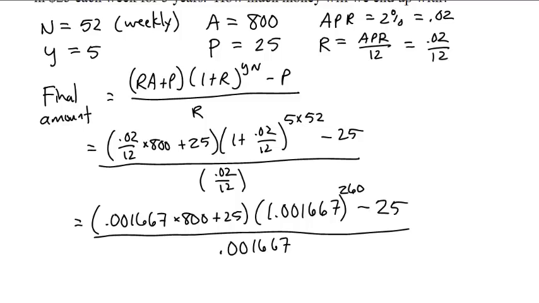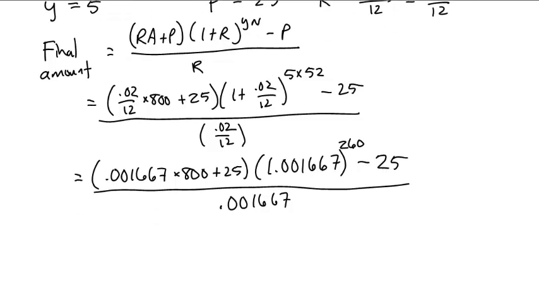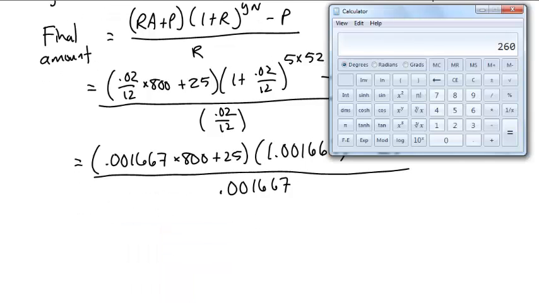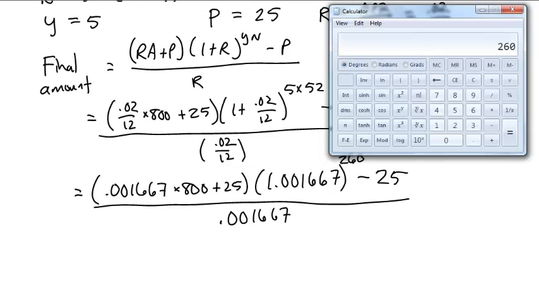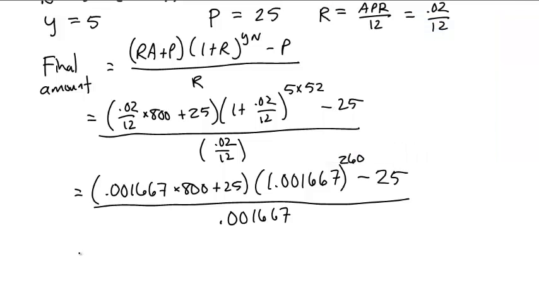Excellent. Now, I figured out the first part. We have 0.001667 times 800. We have to do the multiplication before we do addition, plus 25, is 26.3336.